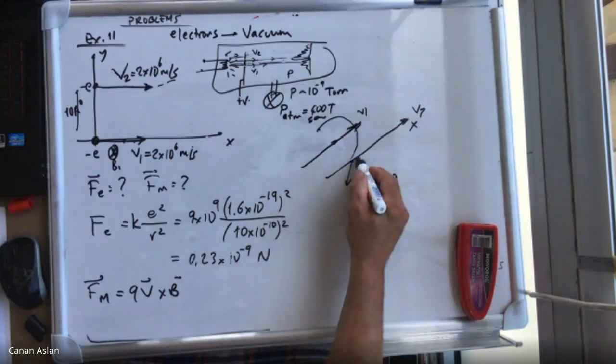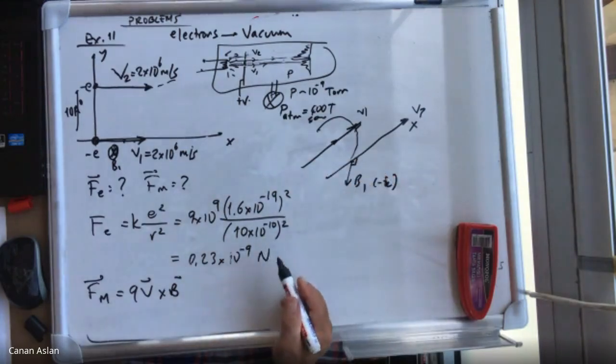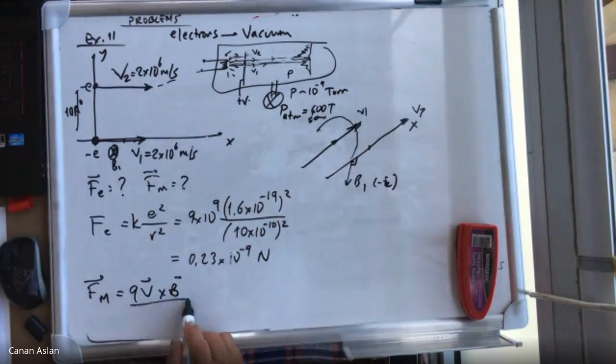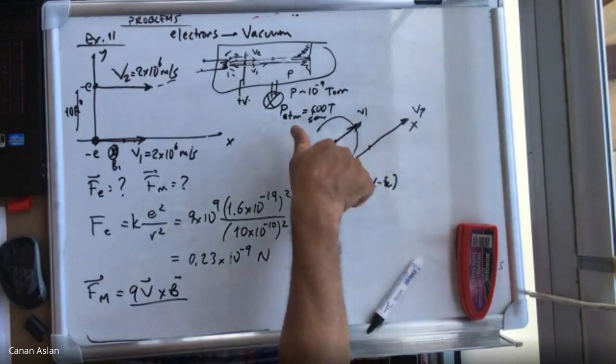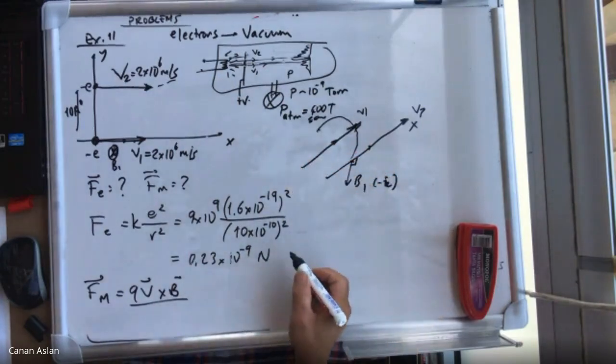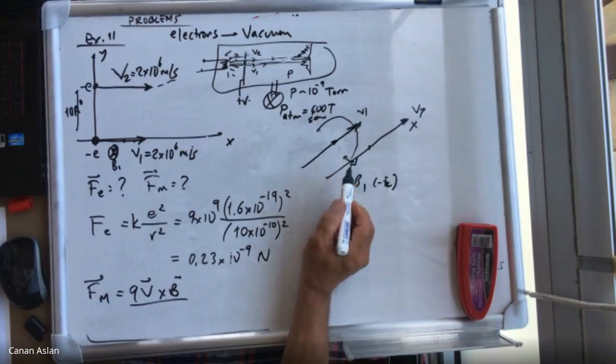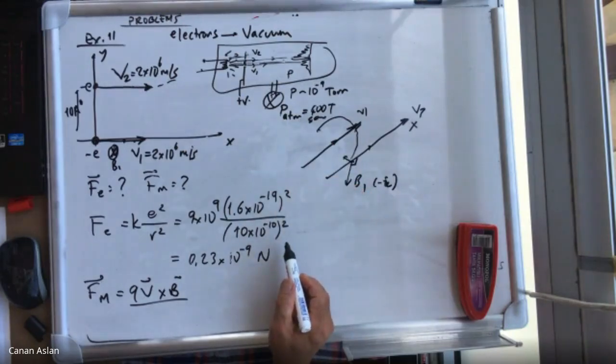So now, of course, these are perpendicular to each other. Now, F cross V, this is V cross B, will be in this direction.